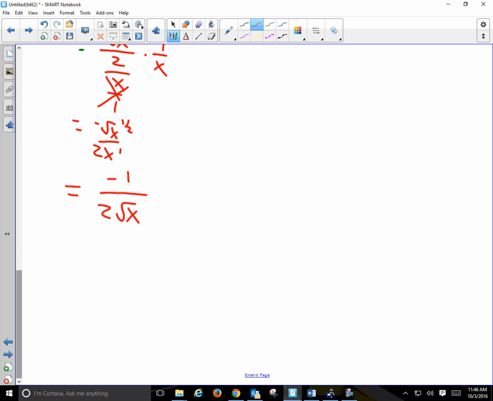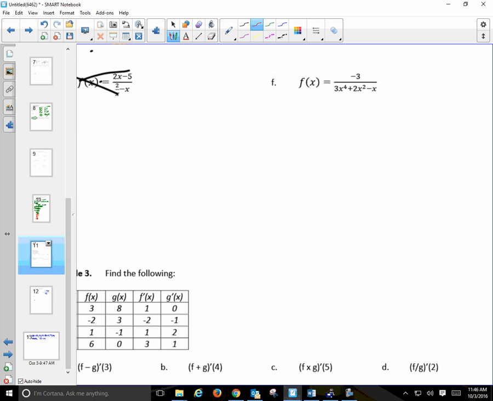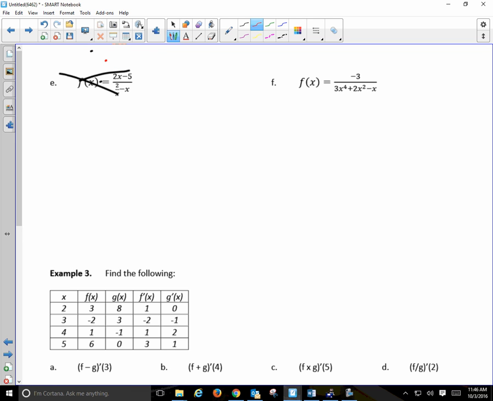Let's try one that's not a lot of work. Flip it over. Let's try F. So will we use the quotient rule or the product rule? Quotient rule. Watch how nicely this works out. What's the derivative of the top? 0. And 0 times the bottom will give you 0. Minus, what's the derivative of the bottom?